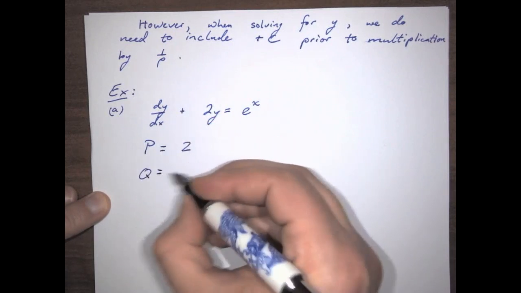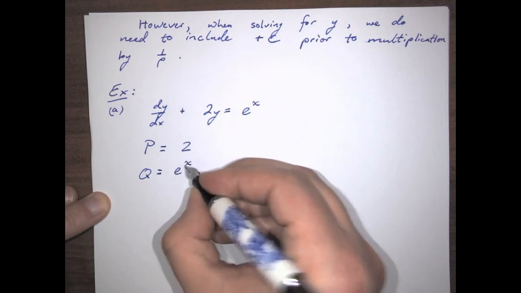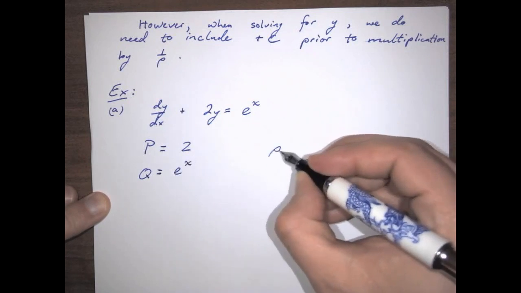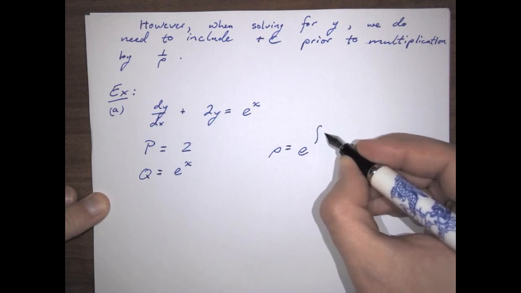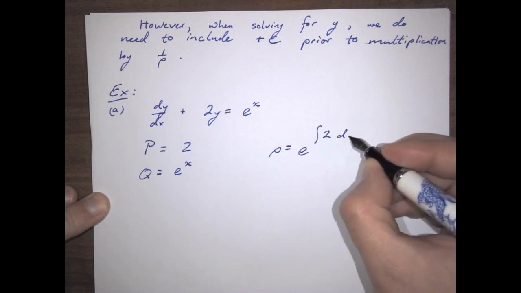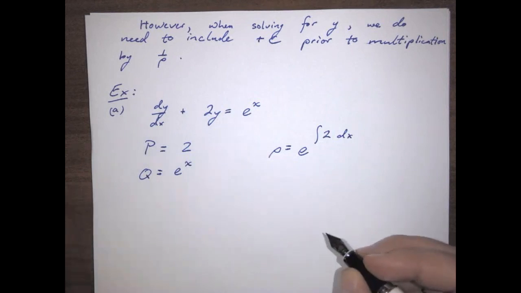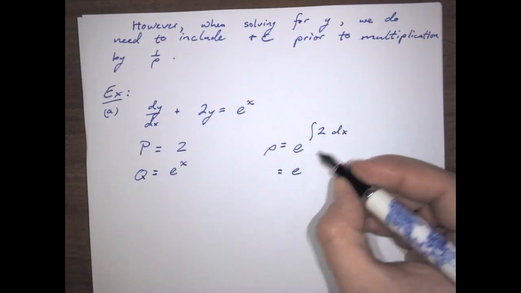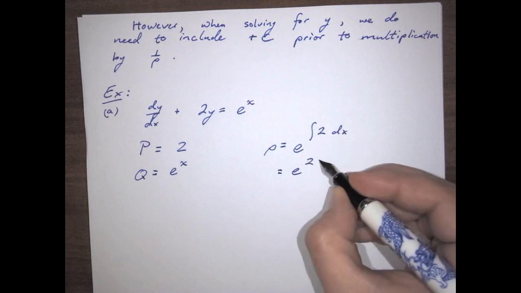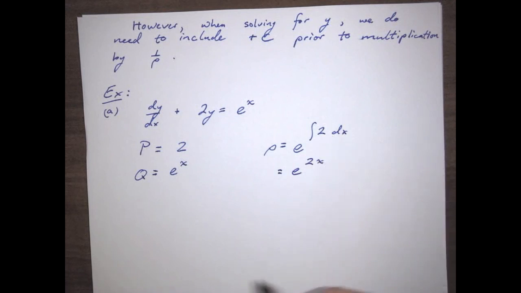Q is going to equal e to the x, which means then that rho is going to be equal to e to the integral of 2 dx, so the integral of p dx. And so then that's going to be e to the 2x.